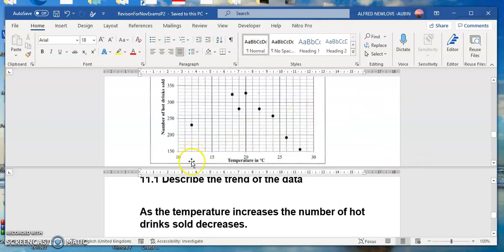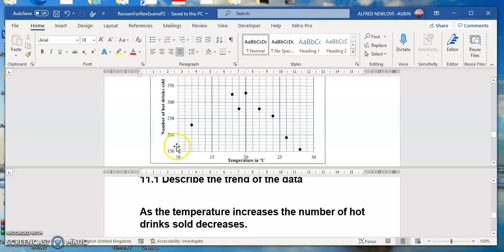Let's use the table, or you can use this, it is fine. This is 10, and from here to here is 15, so 11, 12, 13, 14, 15. When the temperature is 12 degrees, the number of drinks sold is this one. Now, this is 150, and from here to here is 200.